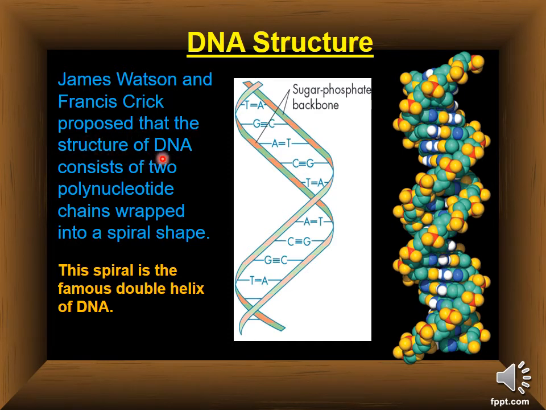They proposed that the structure of DNA consists of two polynucleotide chains wrapped into a spiral shape like a rope. Many nucleotides are present here, and they twist. This spiral shape is famous as the double helix.